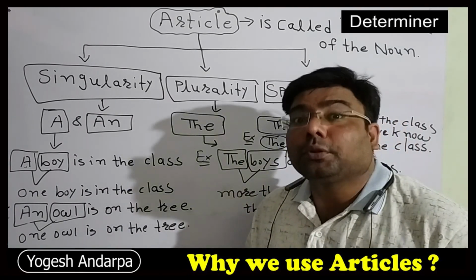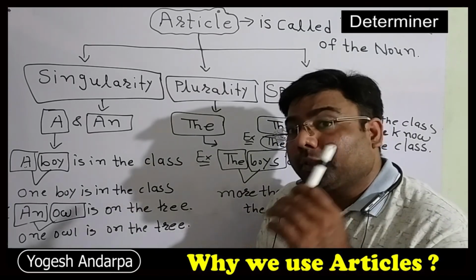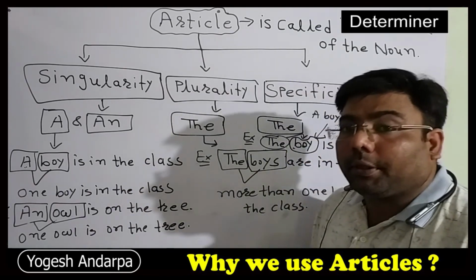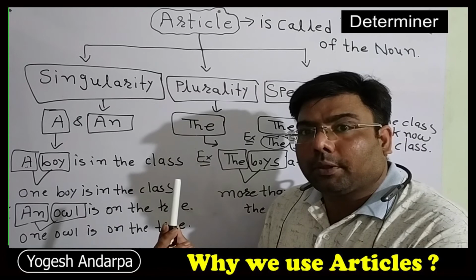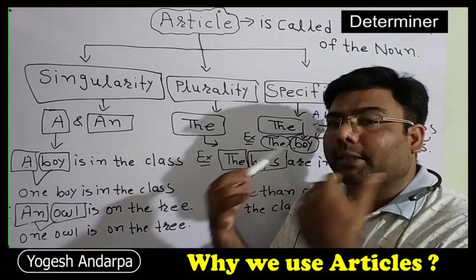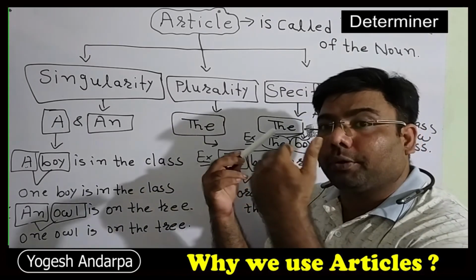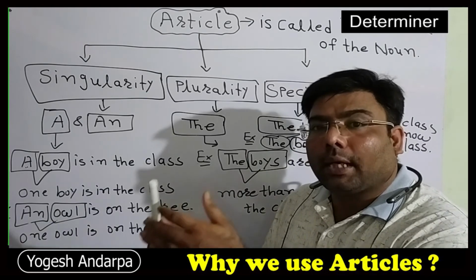So we use the article the for the specificity of the noun. If you already know about the person, already know about the thing, and you are talking about it, you use article the.